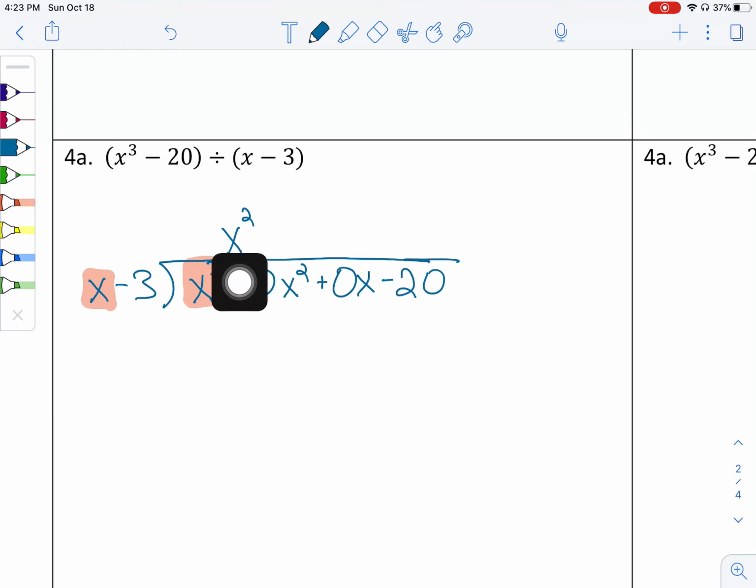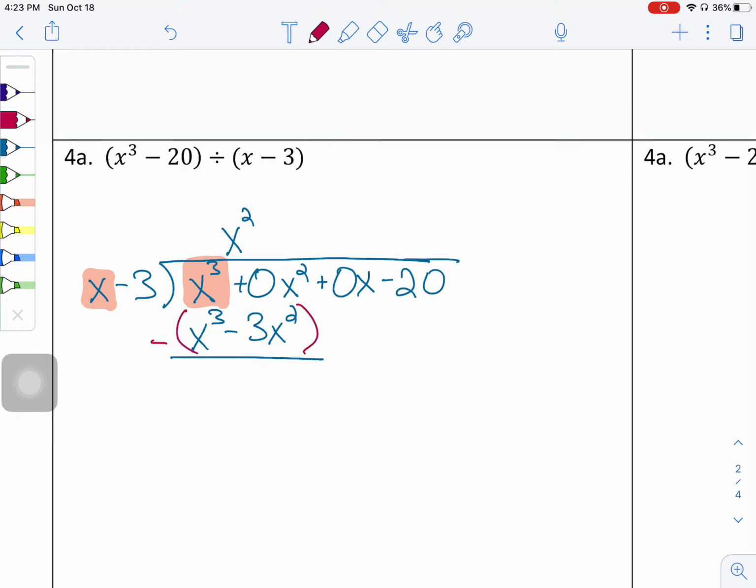Now I'm going to take x squared and multiply it times both parts of what I was dividing by. So x cubed minus 3x squared. Now I need to subtract both parts. So x cubed minus x cubed, they're going to cancel out. 0 minus negative 3x squared is going to be positive 3x squared.